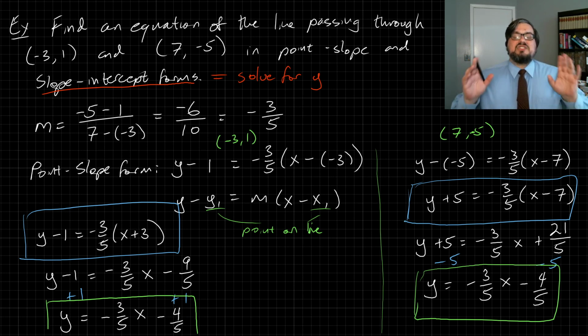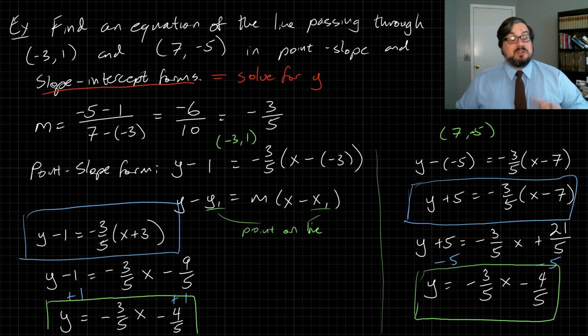The point-slope form of the equation of a line is not unique because there are many different points on the line. The slope-intercept form of a line is unique. There's only one slope that any line has, and there's only one y-intercept it has.